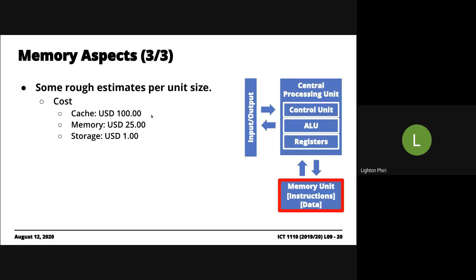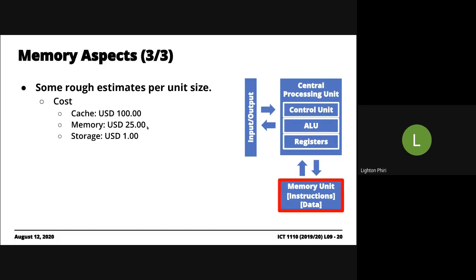When we say per unit size, the best way of thinking about it is a unit size equivalent to 1 megabyte. One megabyte of cache would cost you this much. One megabyte of RAM would be roughly a fourth of how much cache would cost you. The storage is even much, much cheaper.